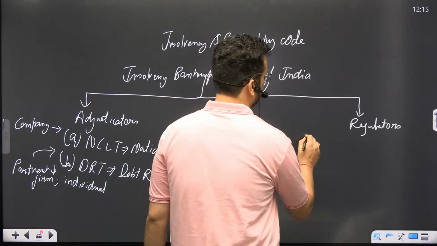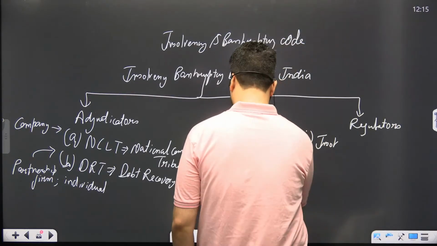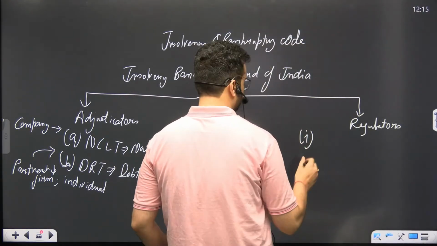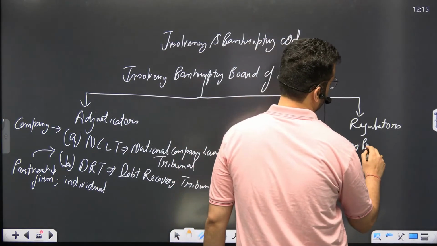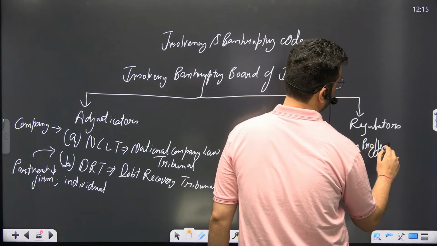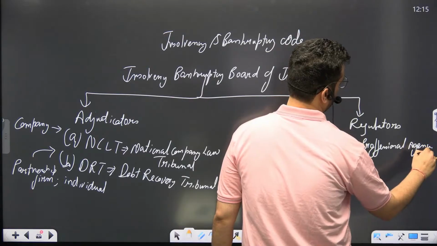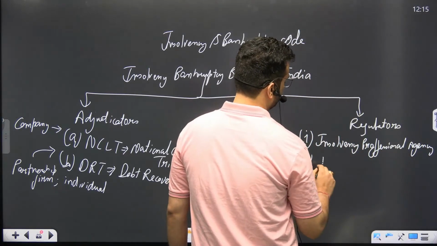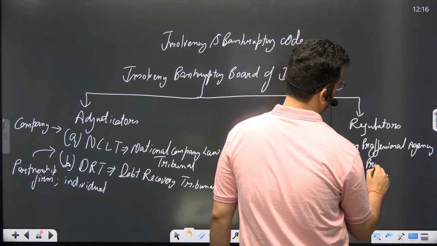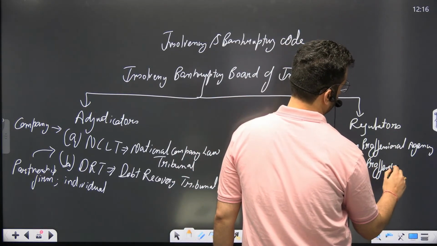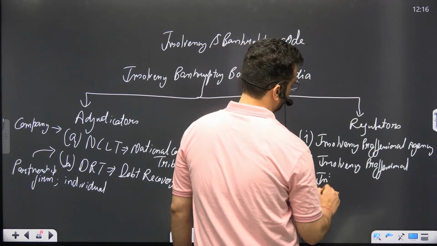Okay. Now, regulators. We have three regulators here. First is Insolvency Professional Agency. Second is Insolvency Professional. And third, Information Utility.